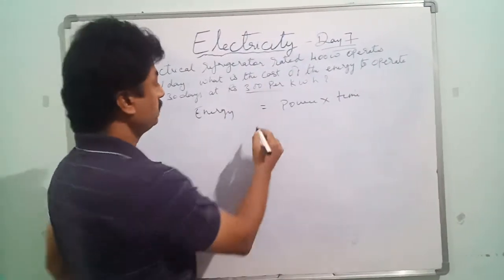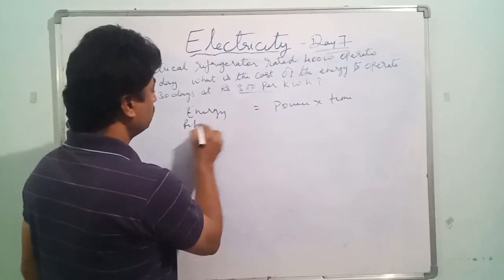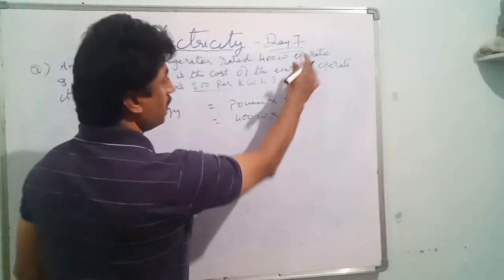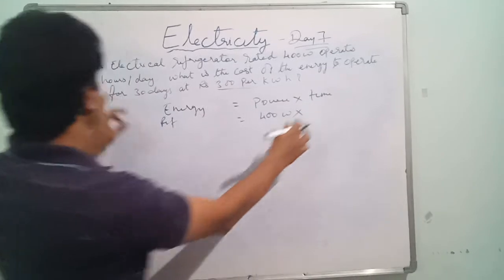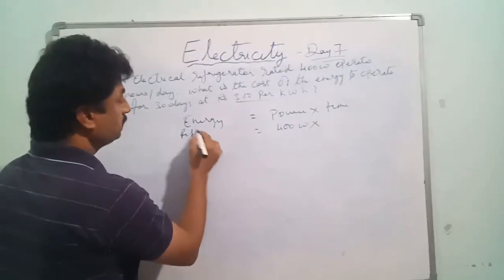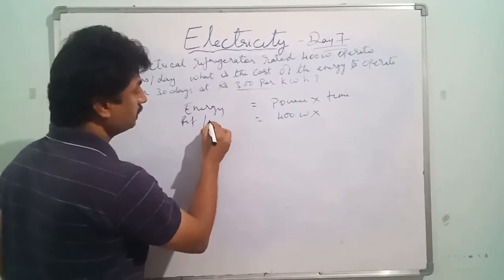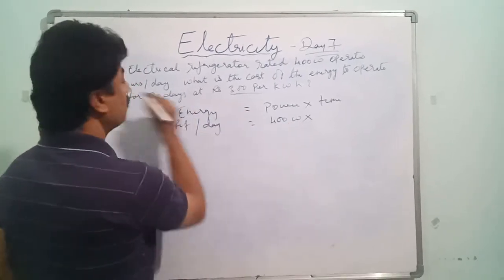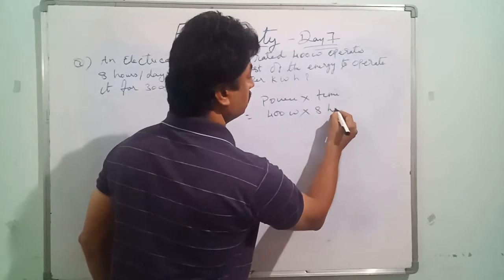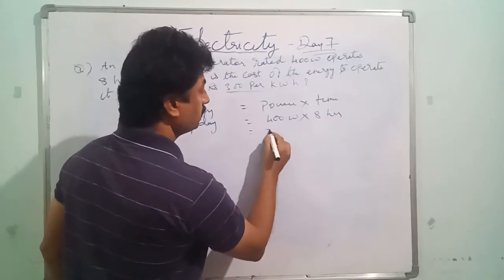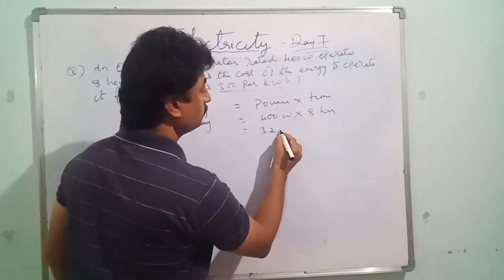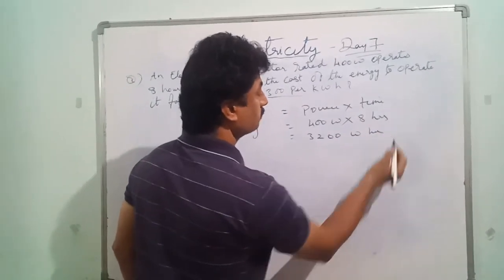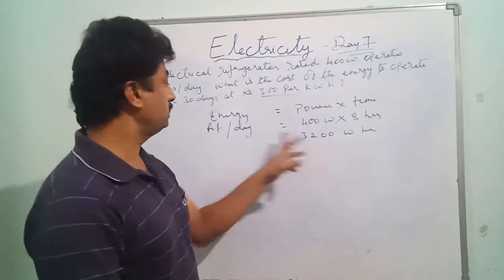Power for the refrigerator is 400 watts, and it is operated for 8 hours per day. So this is the energy consumption per day. So 400 watts into 8 hours will be 3200 watt hours.